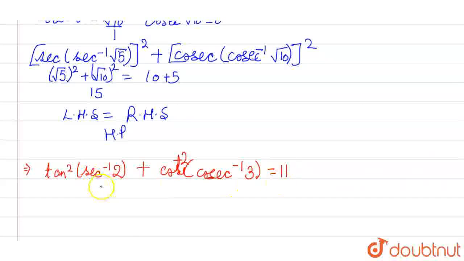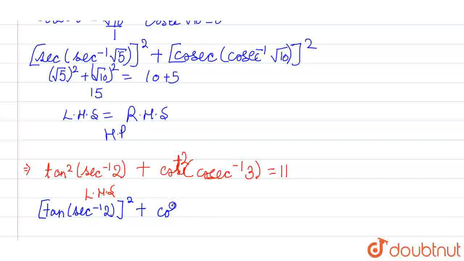Again, if we take the LHS, this can be represented as (tan sec inverse 2) square plus (cot cosec inverse 3) square.